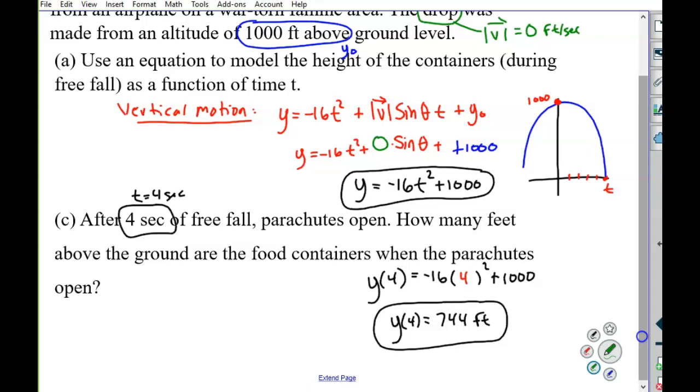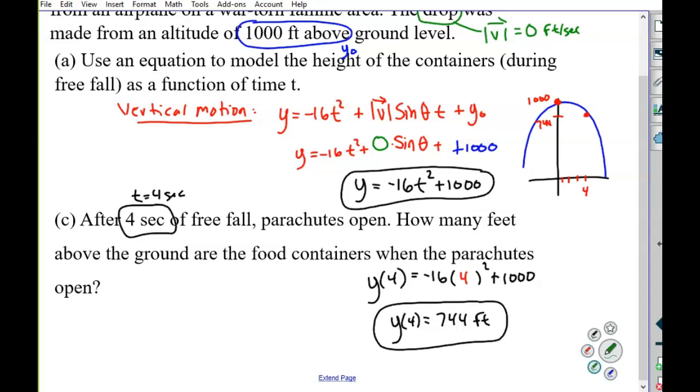Graphically, if my graph is at all accurate, 1, 2, 3, 4. At 4 seconds, we would be 744 feet in the air.